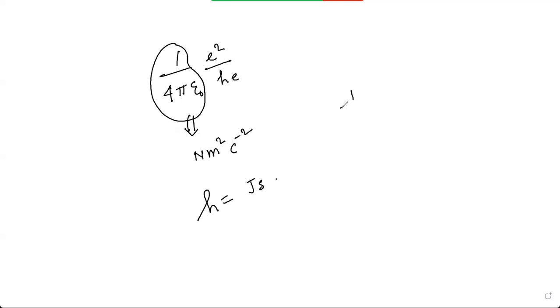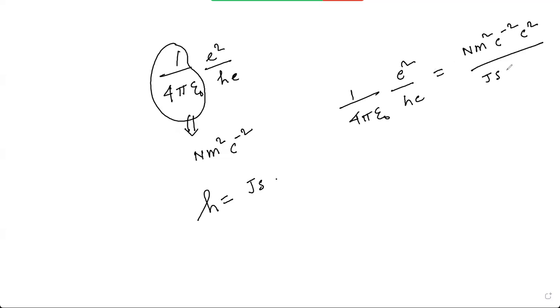So the unit of 1 by 4 pi epsilon naught e square by hc equals Newton meter square C to the power minus 2 into C square by joule second into meter per second. So the final unit will come out as joule meter by joule meter. So this has no units, clearly. Hence the dimensional formula will be M naught L naught T to the power 0.